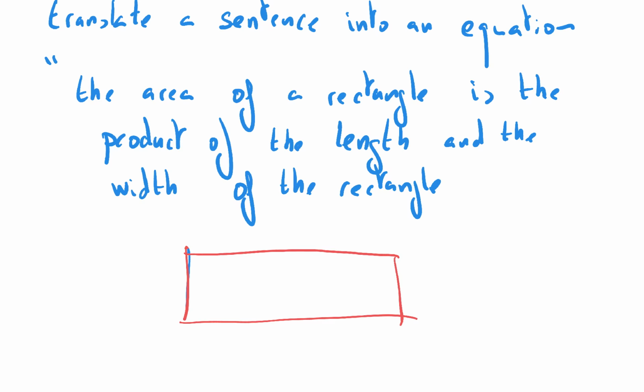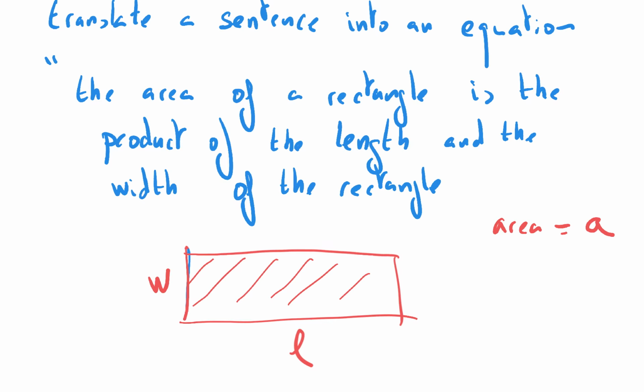The area is a variable, so let's call the area the variable A. It is the product of the length. The length is L, this length of the rectangle. And the width is this side of the rectangle. And the area is what is inside.